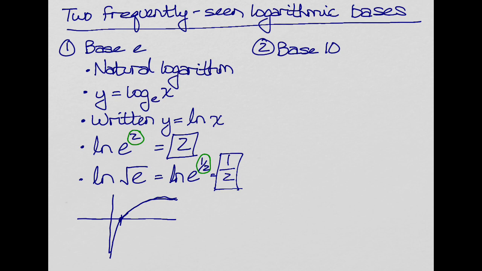The other one that comes up a lot is log base 10. And that's because we work in a decimal system that's base 10. So it's sort of expected that a log base 10 is something that we would see. This gets its own name too. This is a common logarithm.